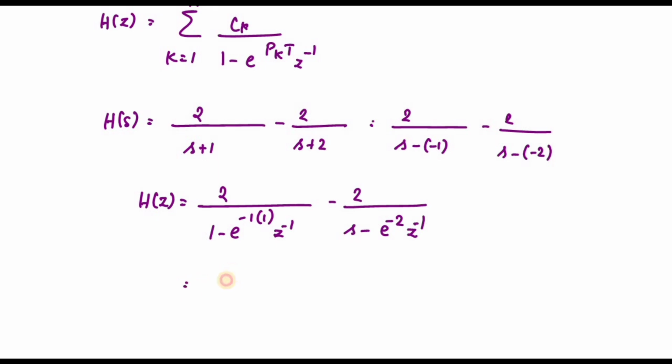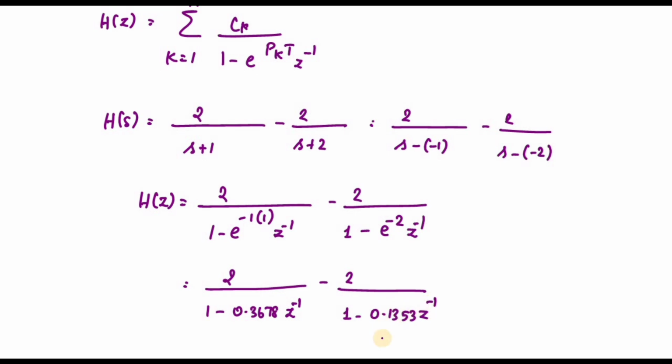Okay. So what is e power minus 1? With the help of a calculator, if you solve, you will get e power minus 1 as 0.3678, so 0.3678 z power minus 1. Minus 2 divided by (1 minus e power minus 2 z power minus 1), and e power minus 2 value is 0.1353 z power minus 1.